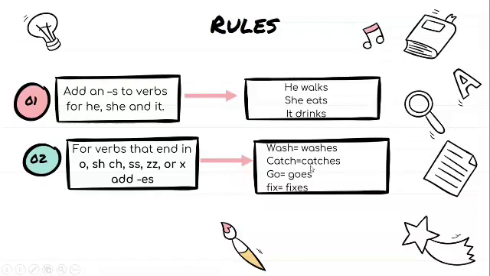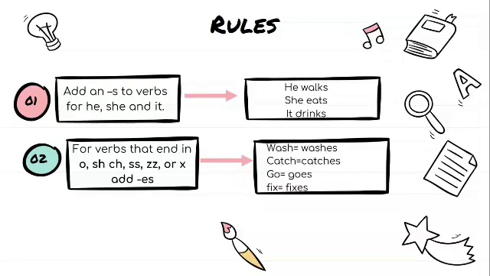So remember that we are going to add just ES to the verbs when they have those letters at the end, and when we use those verbs with he, she, and it. So another example here we have go ends in O, so we have to add ES. So goes. He goes to the supermarket. She goes to the cinema. Okay.